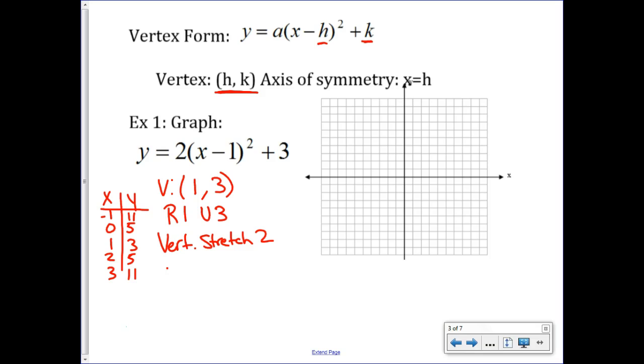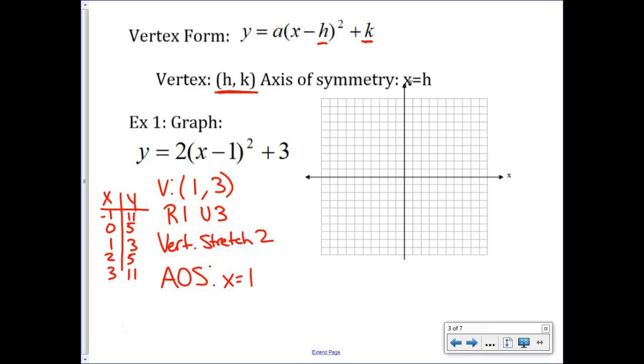My axis of symmetry, for practicing graphing this, is x equals, and it's my h value. It's at that vertex. So axis of symmetry here is x equals 1. So remember an x equals, think back to what you learned in Algebra 1, that's going to be a vertical line at x equals 1.